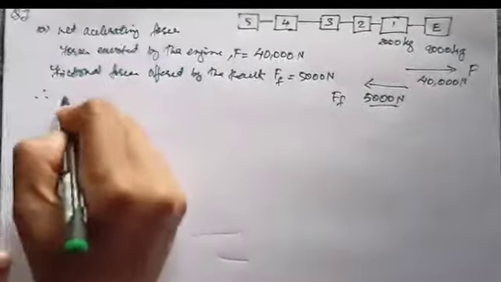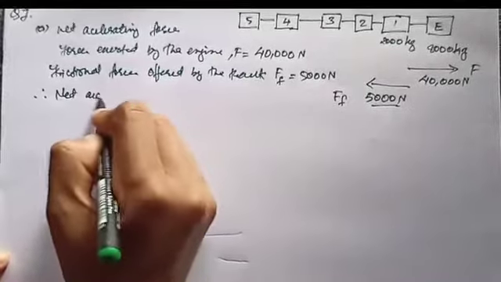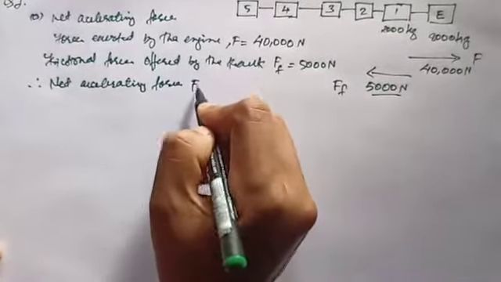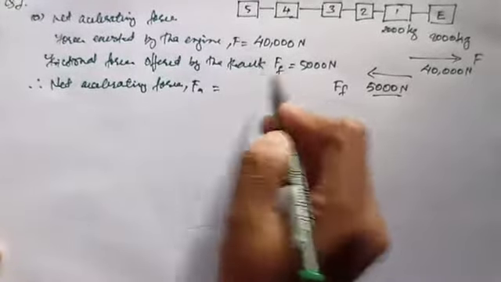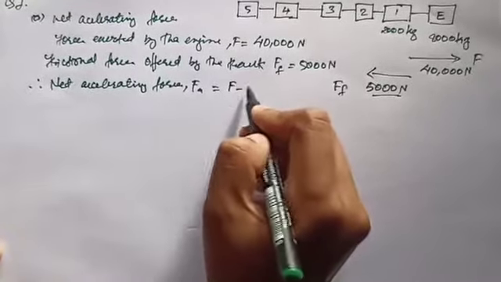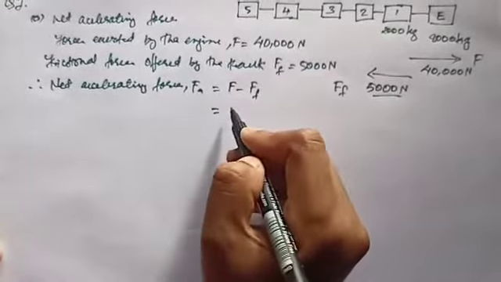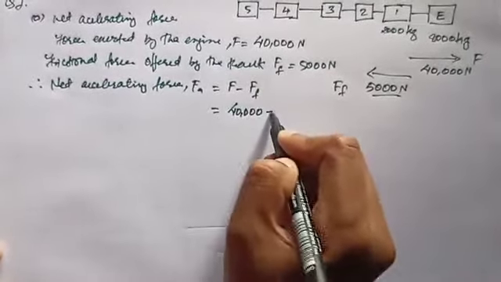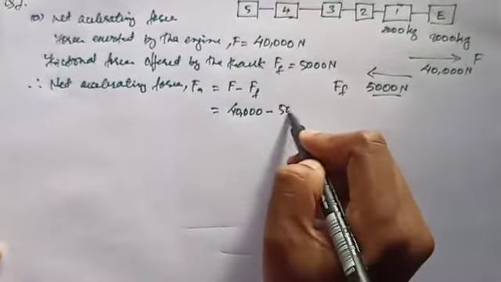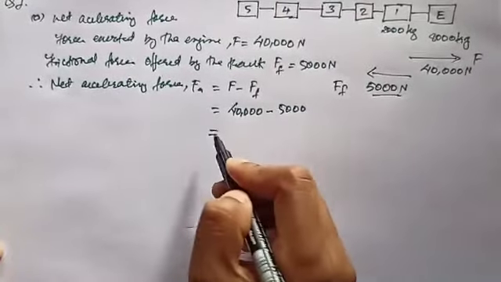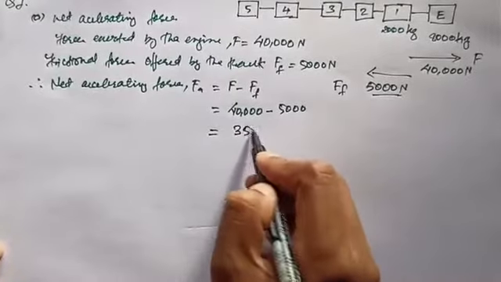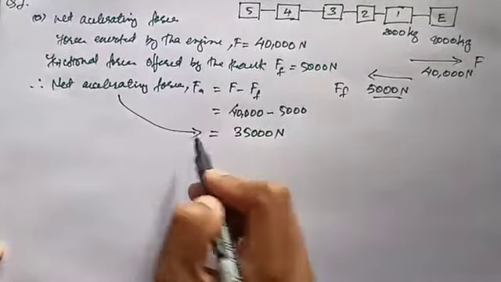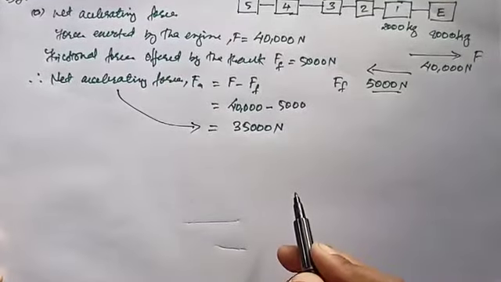So here we have to calculate the net accelerating force, Fa. So we have to subtract these two forces. So F minus f. The force of the engine is 40,000 minus the frictional force 5,000. If you subtract this, you will get 35,000 Newton. So the net accelerating force is 35,000 Newton.